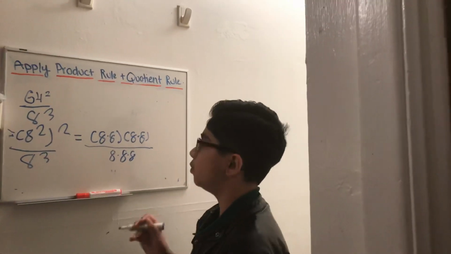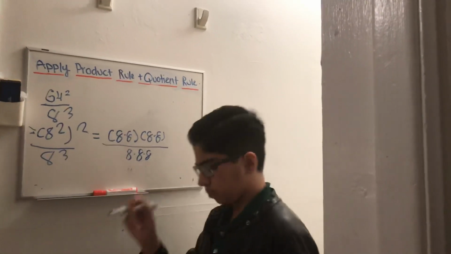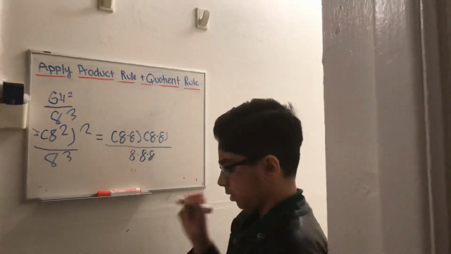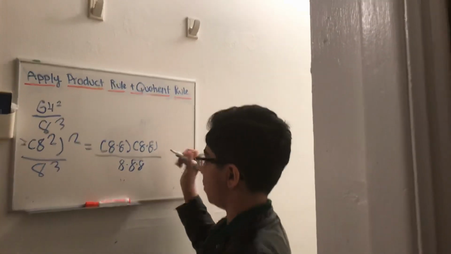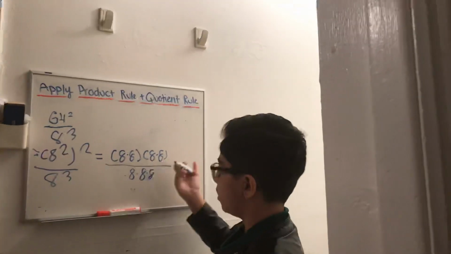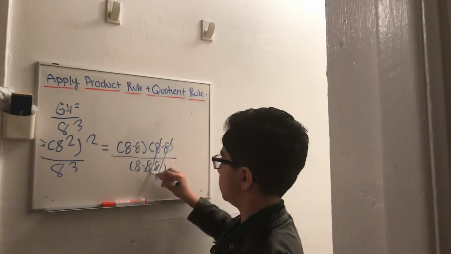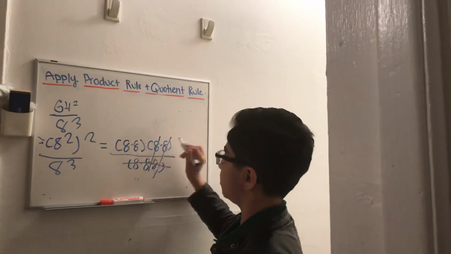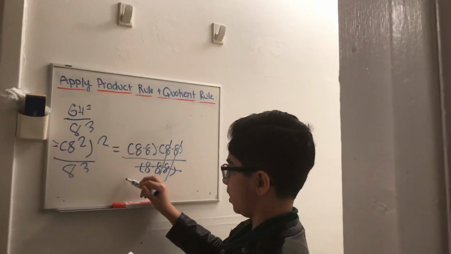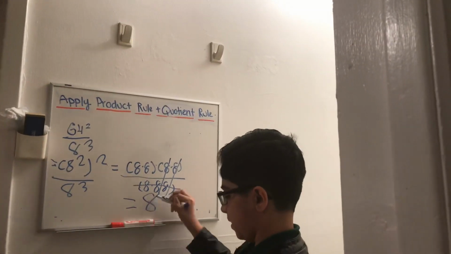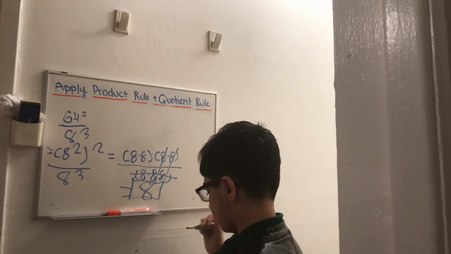Now what you want to do is cross out all the 8s that match when you solve the equation. So this and this cross out, and the only thing you're left with is 8. And that is your final answer.